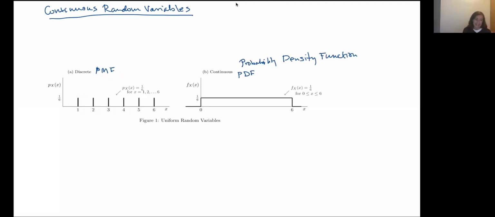Here's the critical thing with continuous random variables. I'll write essentially the same point two different ways, but they're both a little bit on the trippy side.